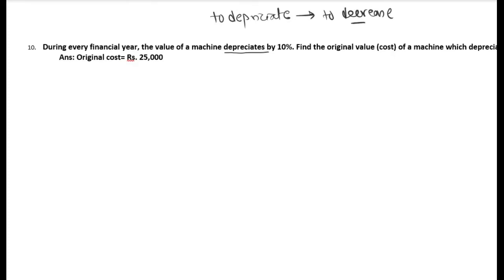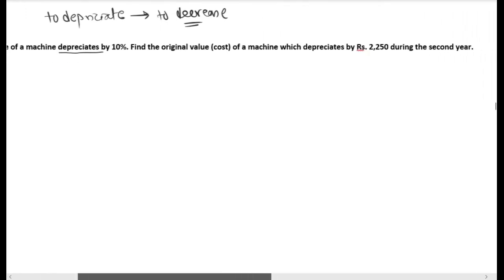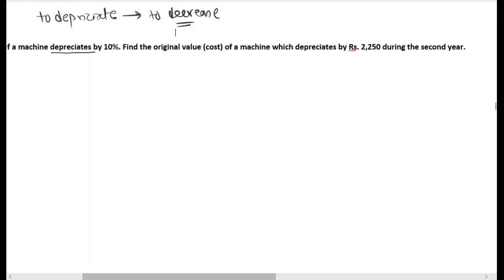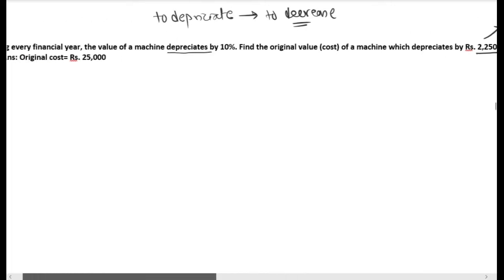So the value of any machine is decreasing every year by 10%. Find the original value or cost of the machine which depreciates by rupees 2250 during the second year. That means in the second year, rupees 2250 is the depreciation. Depreciation means this much amount of the machine has been reduced. So in layman's terms or in compound interest terms, we can understand this question.